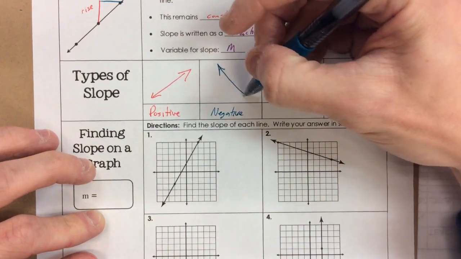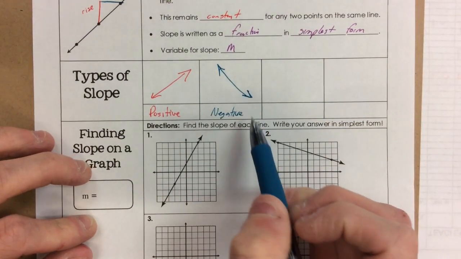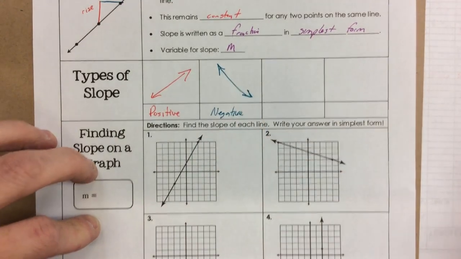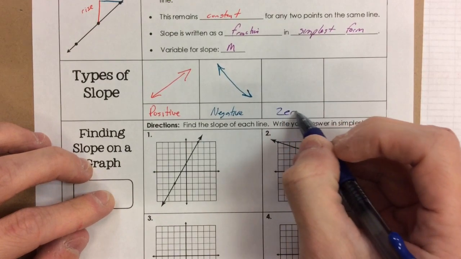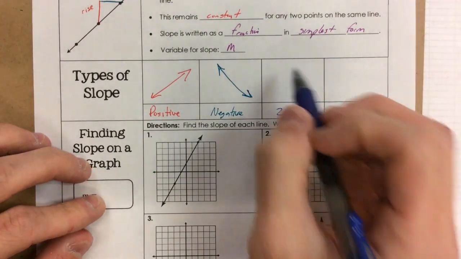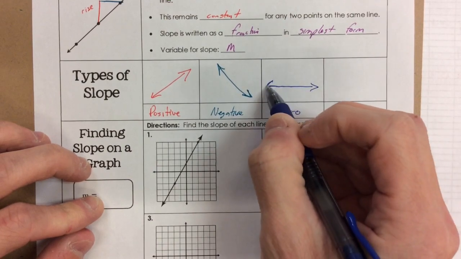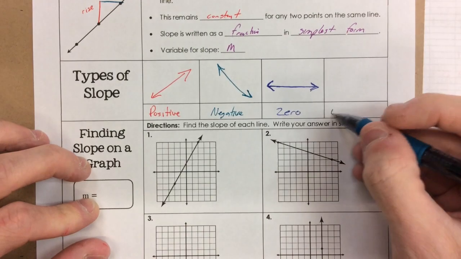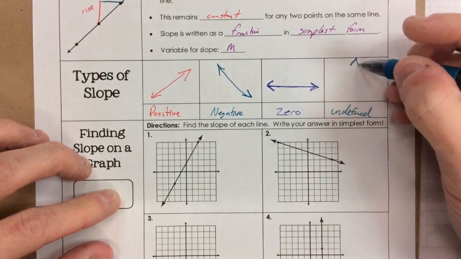And we would just have one going downhill. So that slope, or that rate of change, would be negative if it's going downhill. That's a really straight line, of course. I know I'm good at that. Zero slope can occur as well. And that's those weird lines that are just horizontal. That's how that line would look. And then we also have undefined. So we have those undefined ones that go up and down.